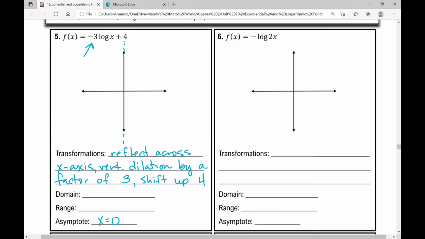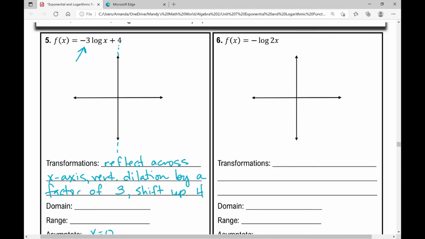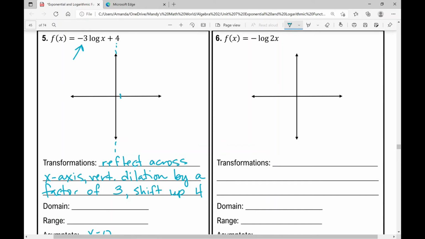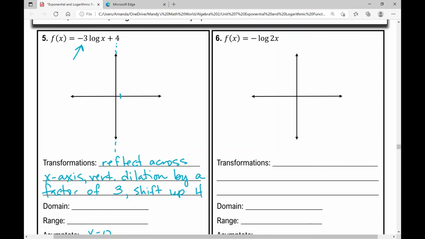Now, because we're moving up 4, and it's a vertical dilation by a factor of 3, that key point is not at 1, 0 anymore. We're moving up 4, so that key point is actually going to be at 1, 4. That's your key point.